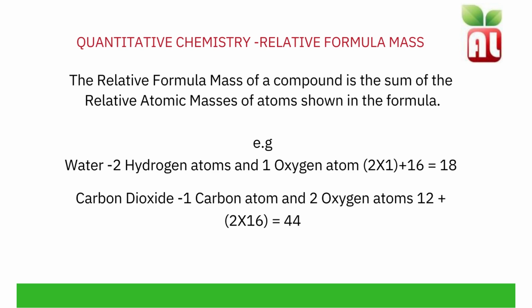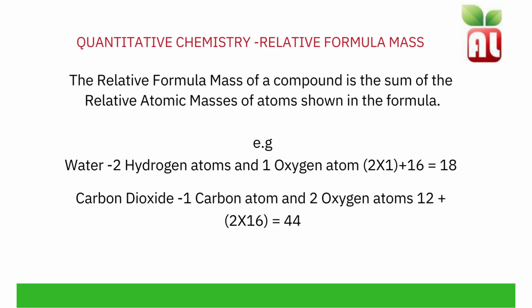Each hydrogen atom has a relative atomic mass of 1, and each oxygen atom has a relative atomic mass of 16. Therefore, the 2 hydrogen atoms have a total mass of 2 plus the 1 oxygen atom of mass 16 equals 18, being the total relative formula mass of water.